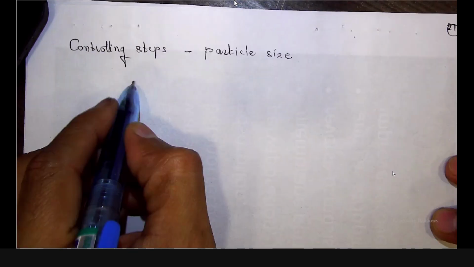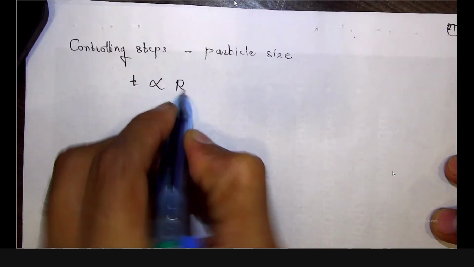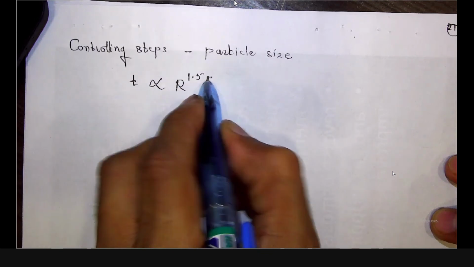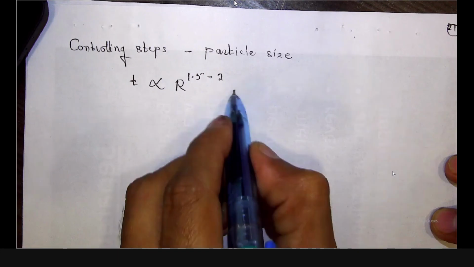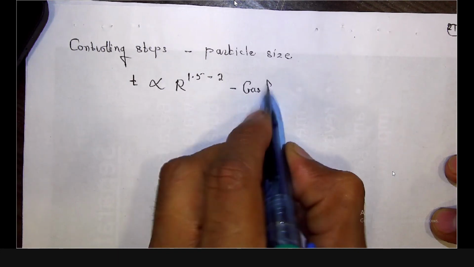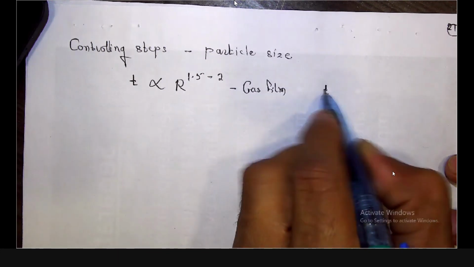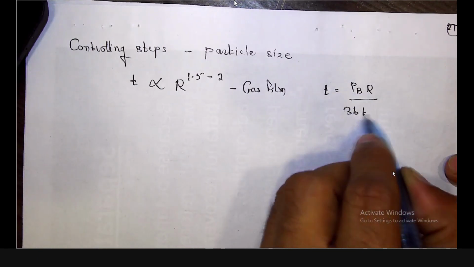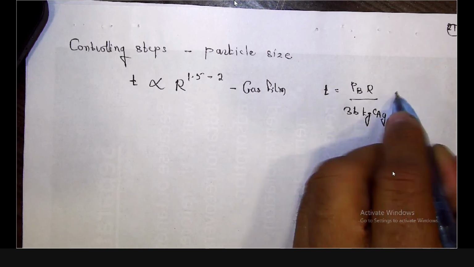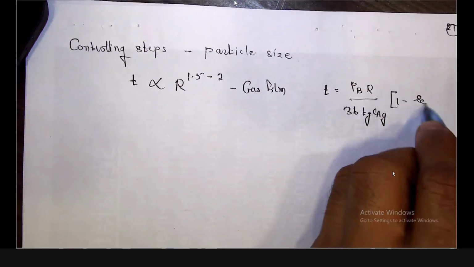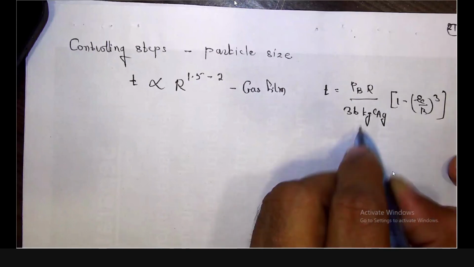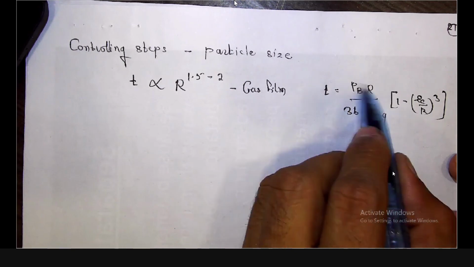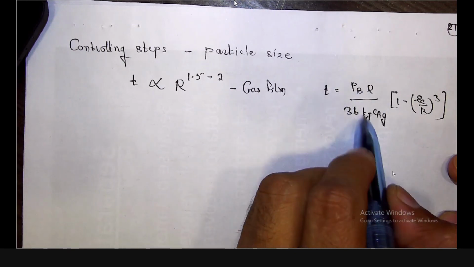So based on the total time for the conversion, you can see that this will be the gas film, because T is equal to rho b R over 3b kg CAG times 1 minus Rc upon R cubed. So here for this one, it is R square 1.5 to 2, because this kg will be a function of R again.